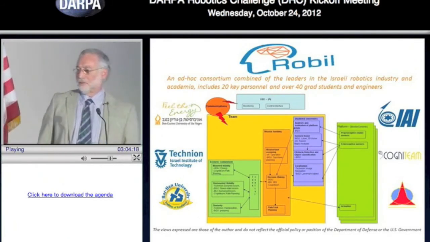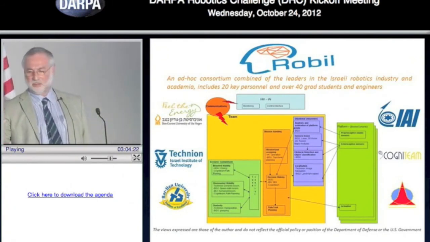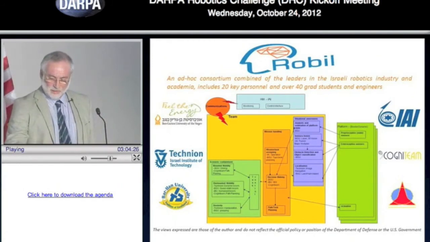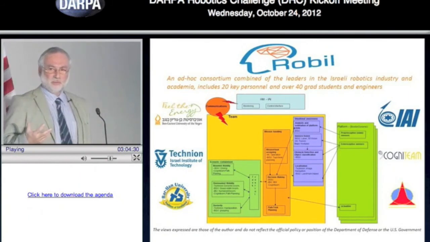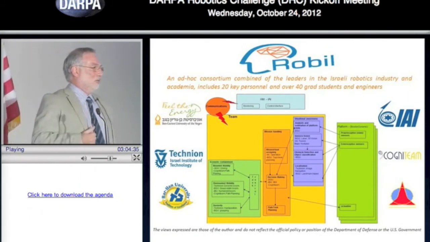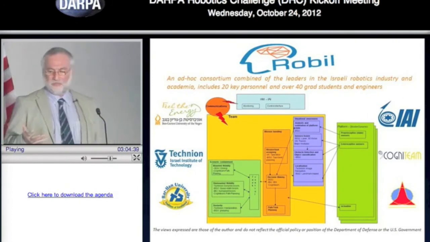Based on this, we decided that we don't want more of the same. This challenge should give us the opportunity to create a real autonomous platform that is able to deal with the problem of not having communication. That is a real thing that exists in the field.